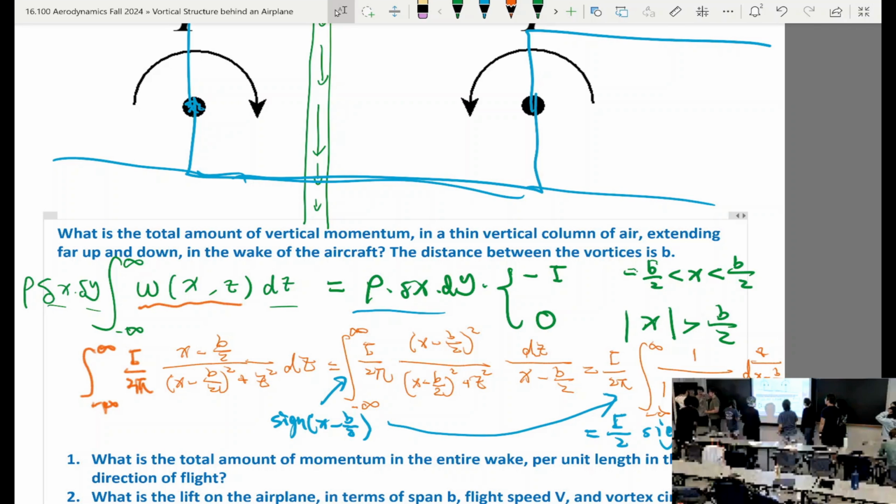Per unit length in that question means per unit length in the flight direction. Negative or positive? Over D, because that's per unit length.